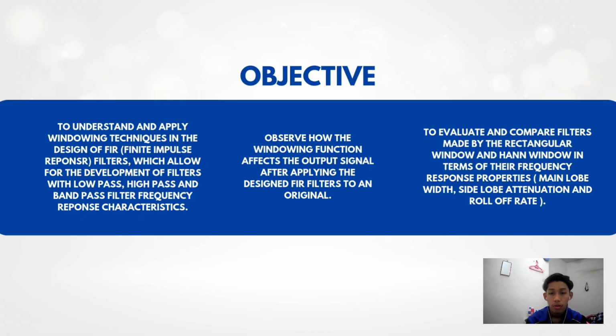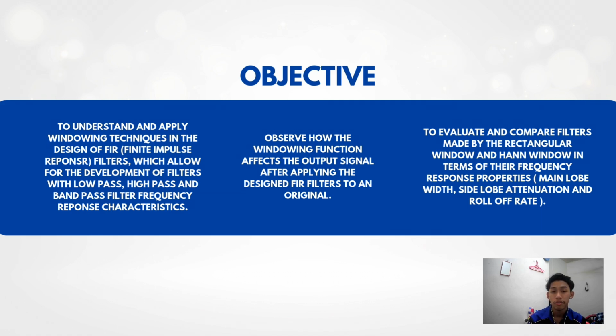Then I go to the objectives, like in the rubric, that we want to achieve in the group presentation. The first objective is to understand and apply windowing techniques in the design of FIR filters, which allow the development of filters with low pass, high pass, and band pass frequency response characteristics.